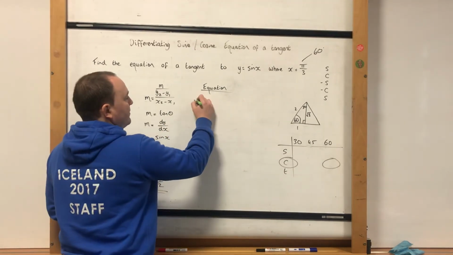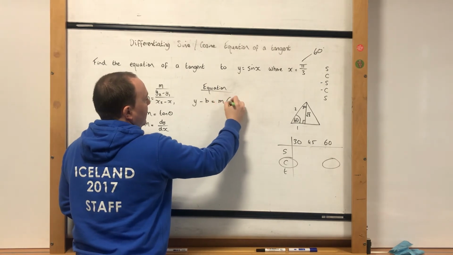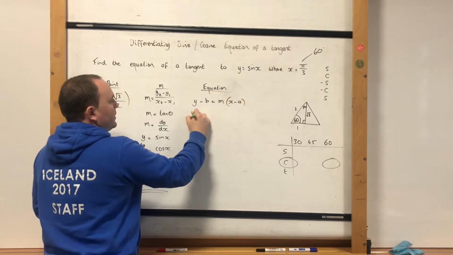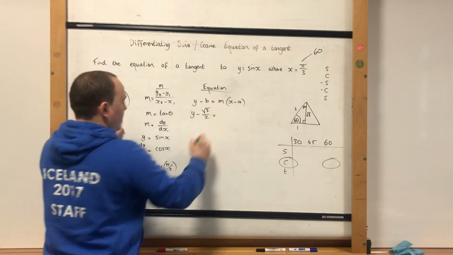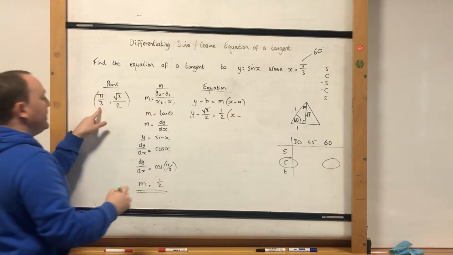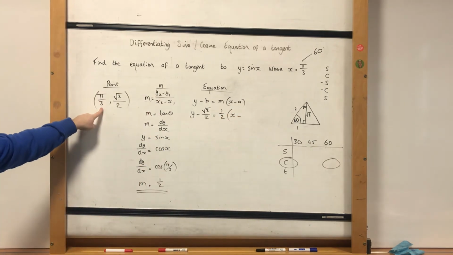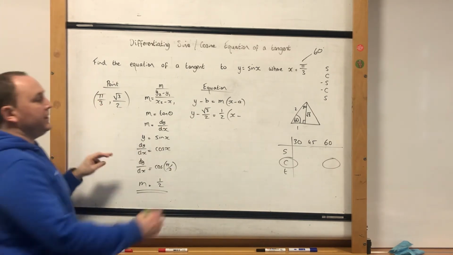The equation of the tangent here is a straight line, y minus b equals m times x minus a. So y minus root 3 over 2 equals the gradient, a half, times x minus pi by 3. Now we're thinking degrees, but don't insert 60 degrees there, use pi by 3.